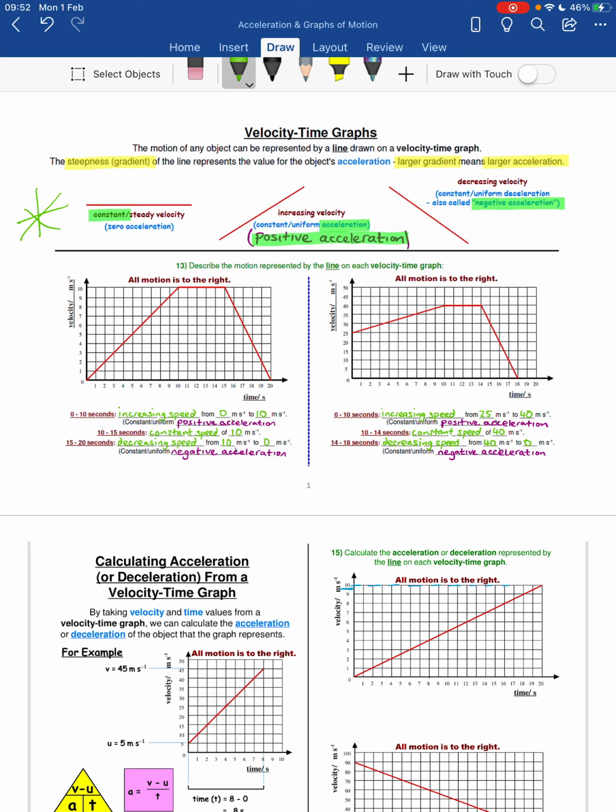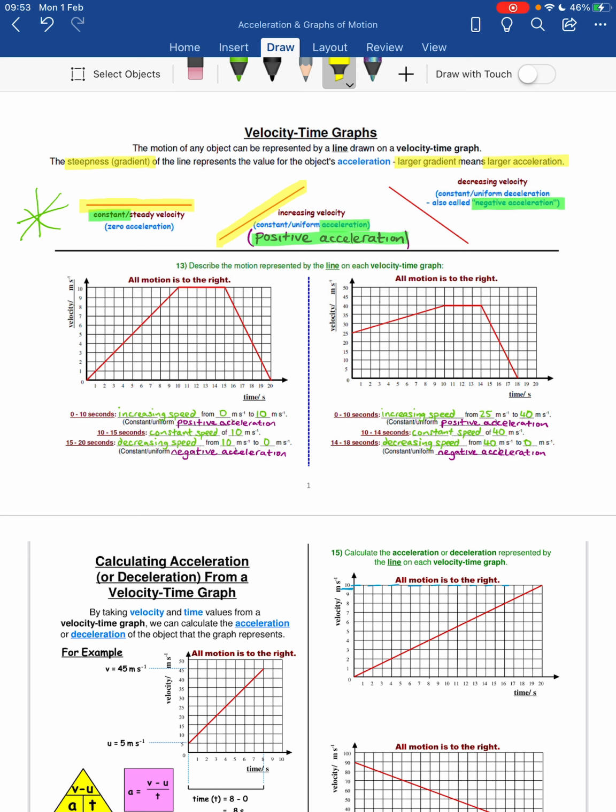You'll see that there are 3 different shapes of line that can appear on a speed-time graph. If the line is horizontal and goes straight across, it means the object is travelling at a constant speed. If the line is going diagonally upwards, that means the object is increasing its speed, so we say that it has positive acceleration.